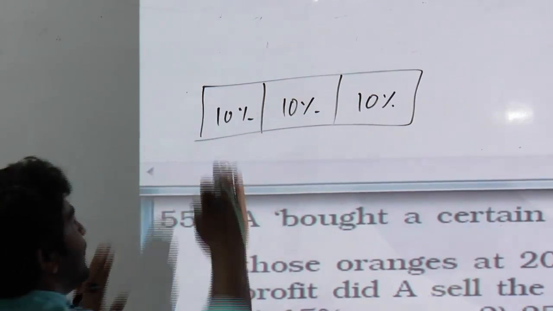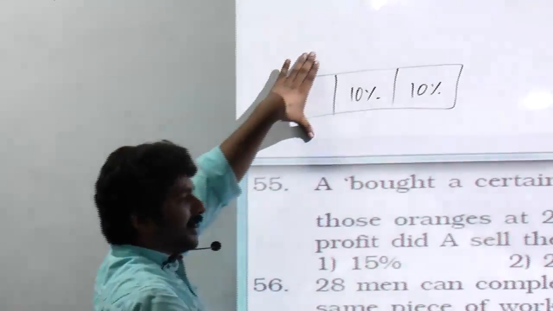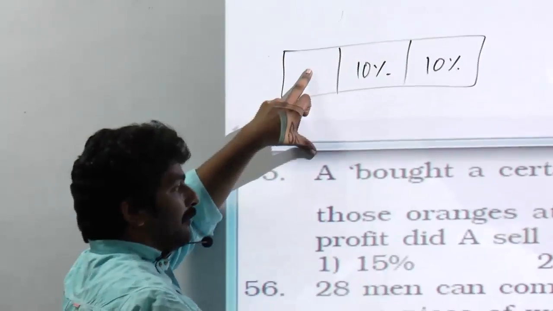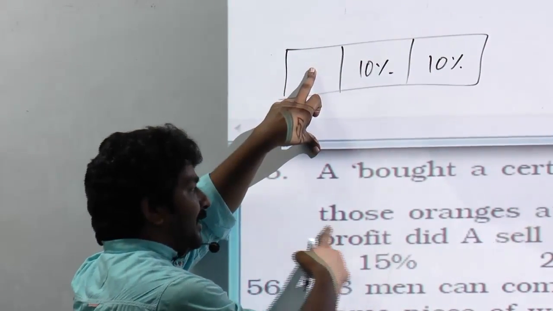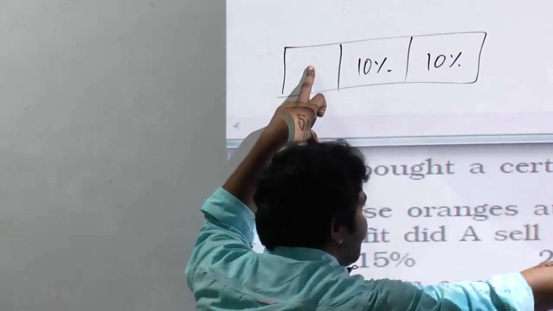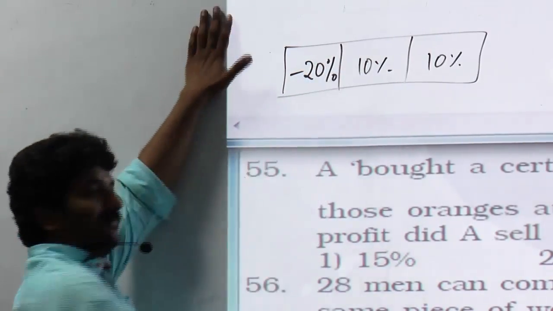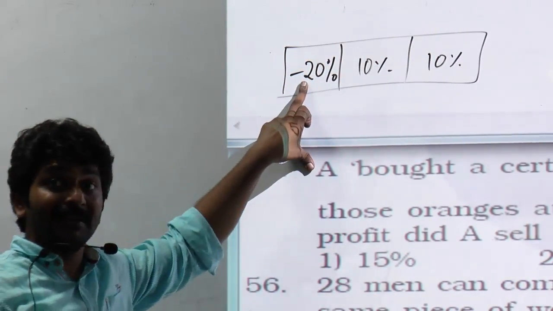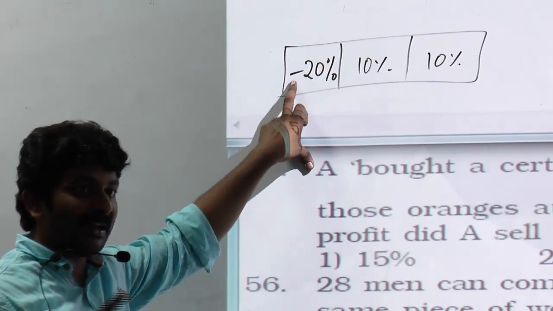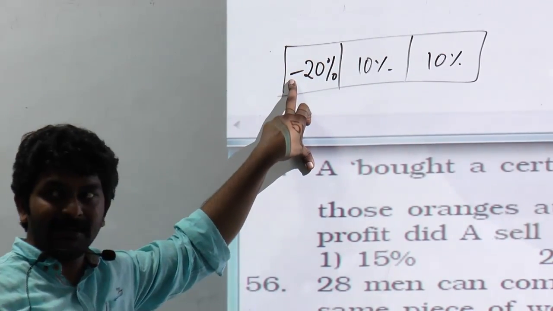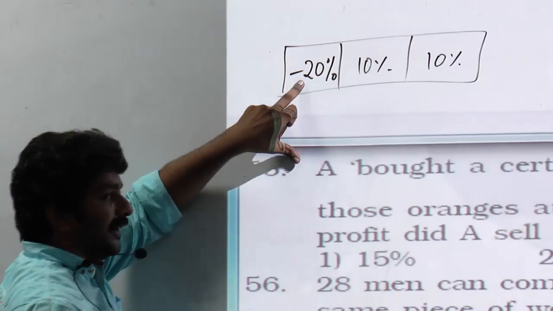So but this is not given. For example, forget about it. 1/3 items were sold at a loss of 20%. In the sense you got minus 20 here. But you are supposed to get plus 10. You are supposed to get 10% profit. Yes or no? So you need to cover 20%.